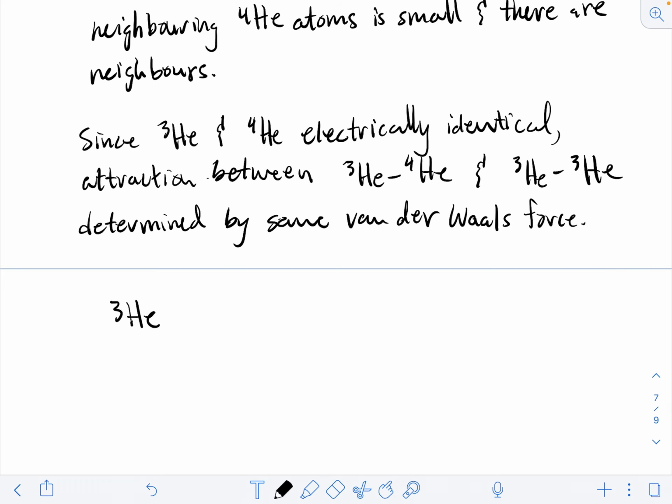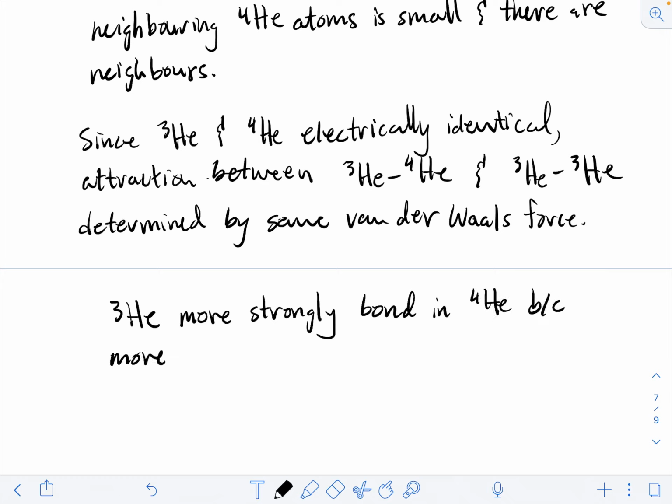So the conclusion is that helium-3 is more strongly bound in helium-4 because there are more neighbors with shorter distances.